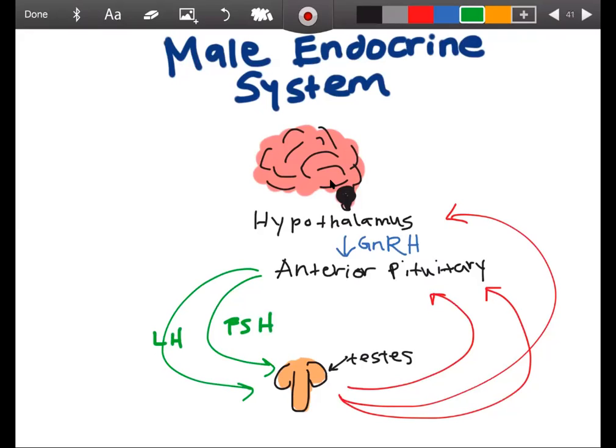And then let's say that the male body has created enough sperm that it needs. There needs to be some kind of regulation for it to stop. So then the testes are going to send a signal to the brain saying, hey, let's stop this. Got to stop sending this FSH and this LH down here so we can stop producing too much sperm.